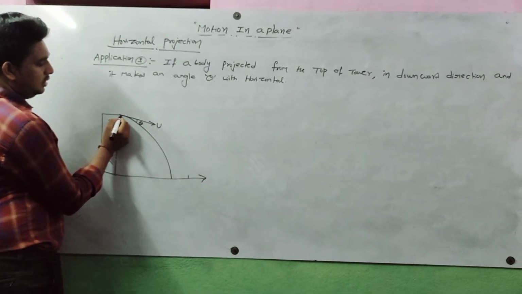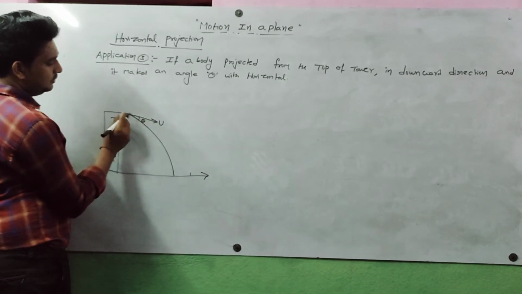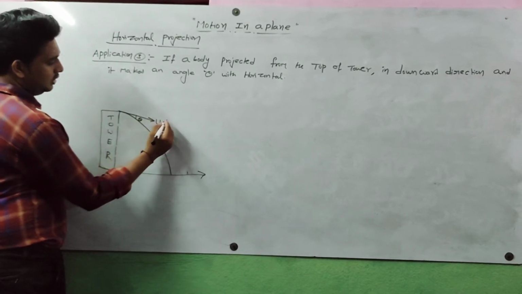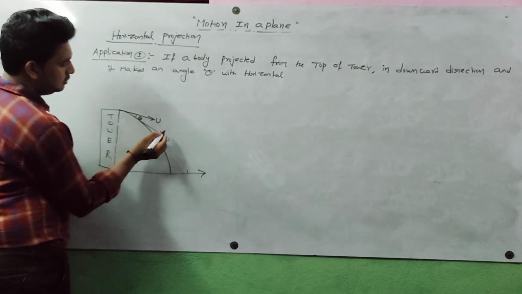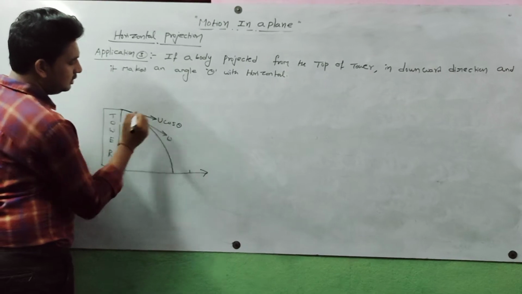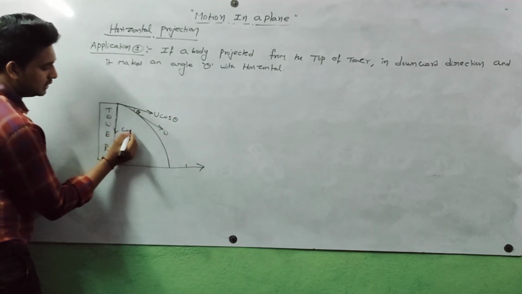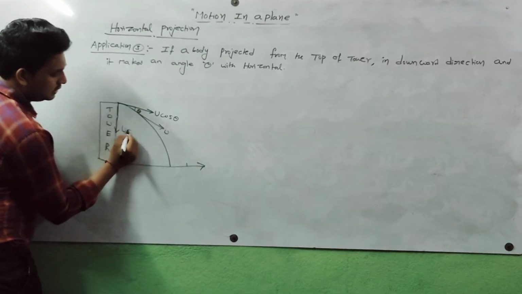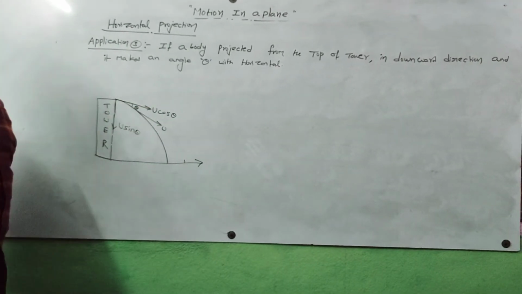One is the horizontal component, another one is the vertical component. This is u cos theta, and this is vertically downward acting u sin theta.